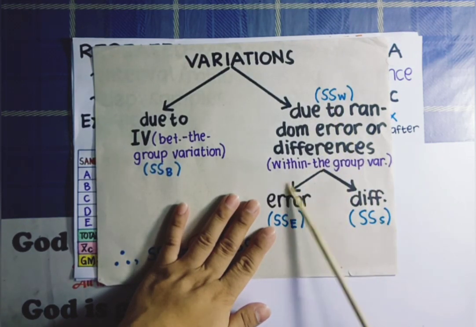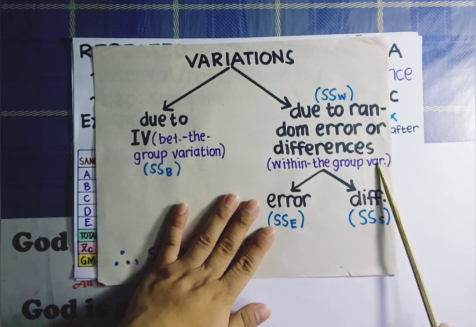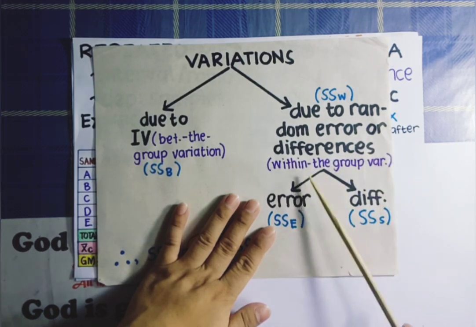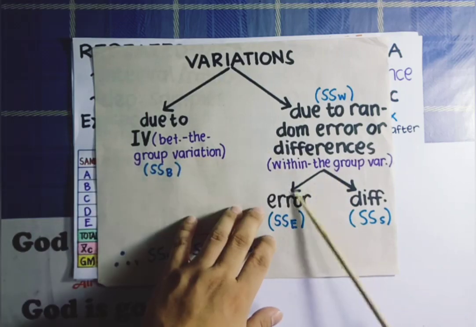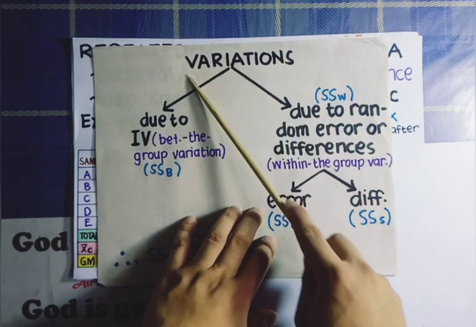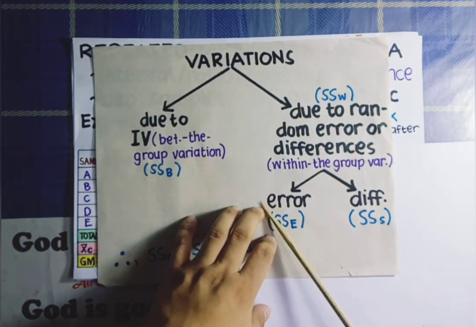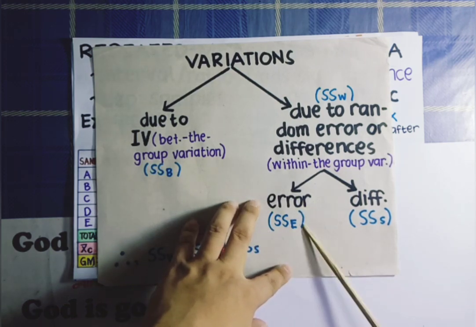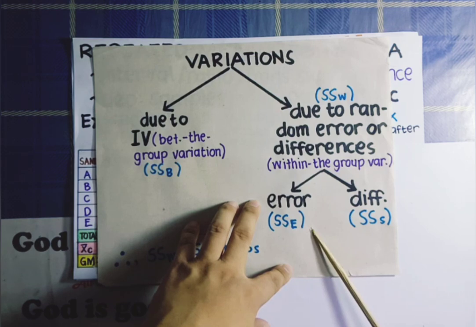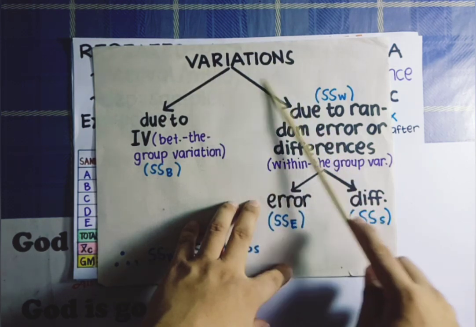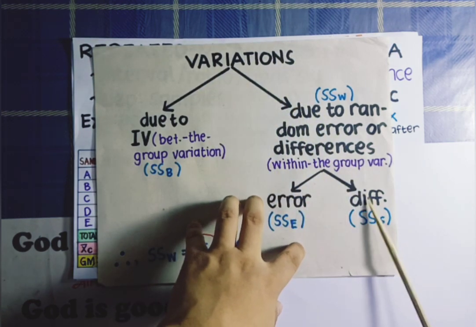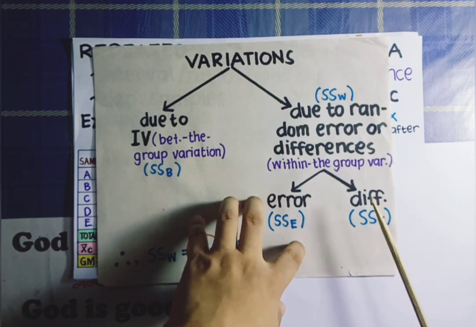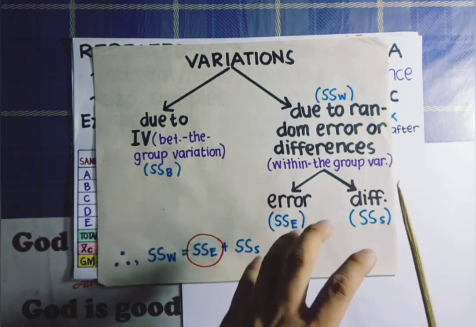However, our sum of squares within the group, or within the group variation, can still be divided into two. Our variations can be caused by just random error, and therefore in ANOVA we will have here the SSE or the sum of squares for error. Or the variations may be caused by the differences of our subjects, or the individual differences of our subjects.